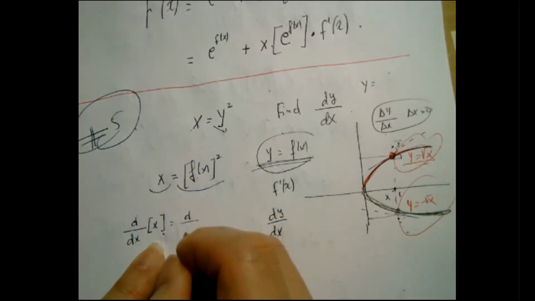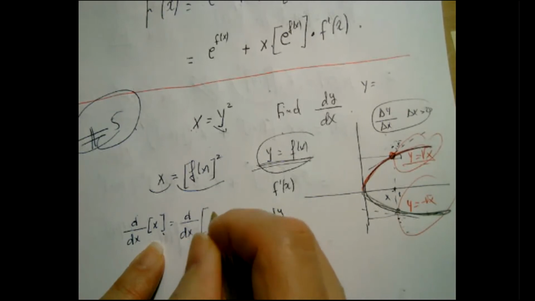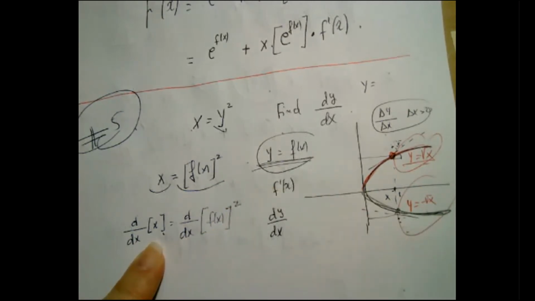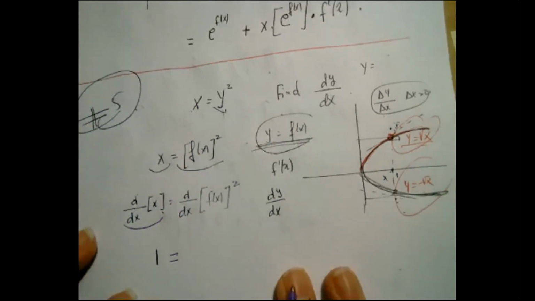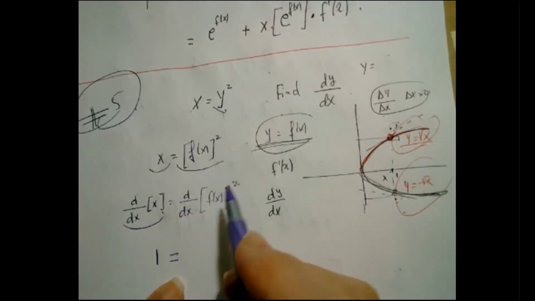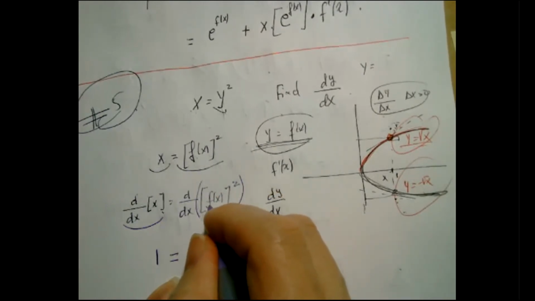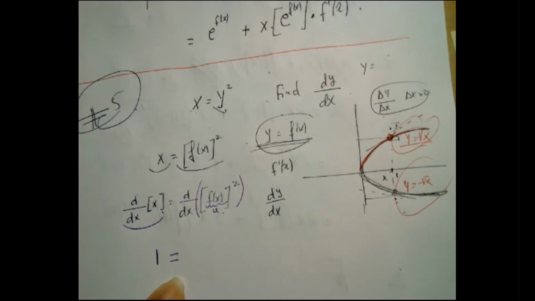Is the derivative of f of x squared. And my pencil died. Okay. Now, the derivative of x is 1, equal. Now, what's the derivative of f of x squared? That's what I would try to do at the beginning. This is now my inside.